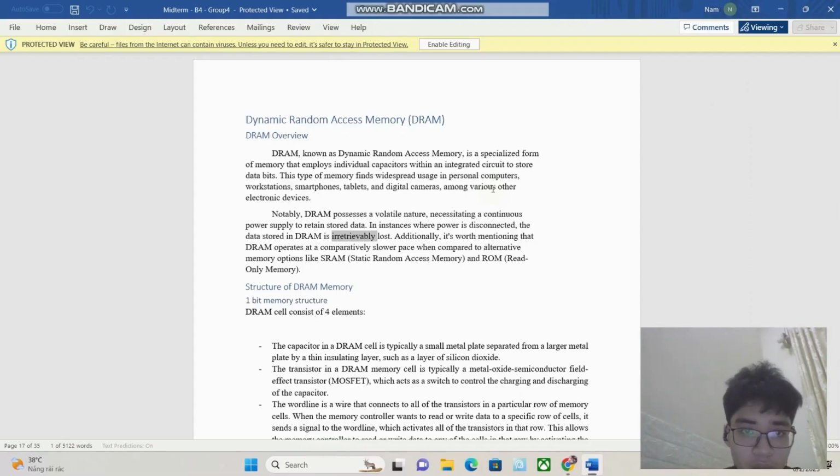DRAM overview. DRAM, known as Dynamic Random Access Memory, is a specialized form of memory that employs individual capacitors within an integrated circuit to store data bits. This type of memory finds widespread use in personal computers, workstations, smartphones, tablets, and digital cameras, among various other electronic devices.